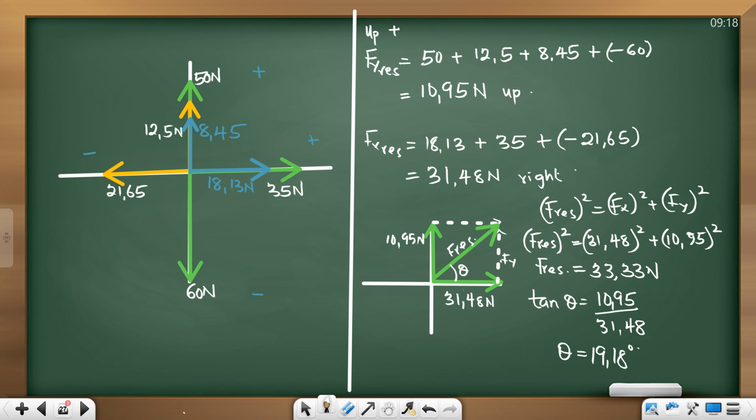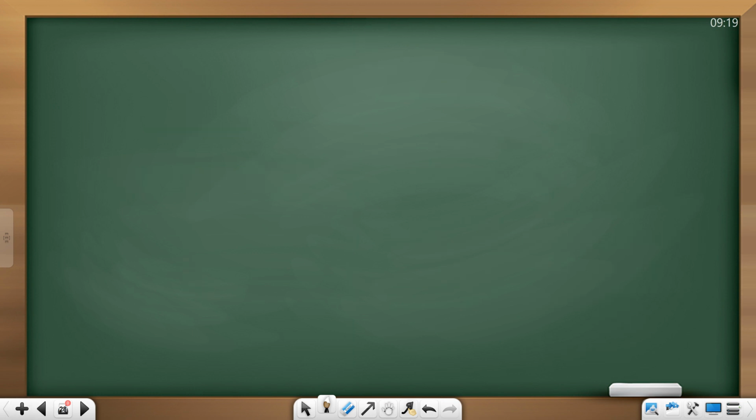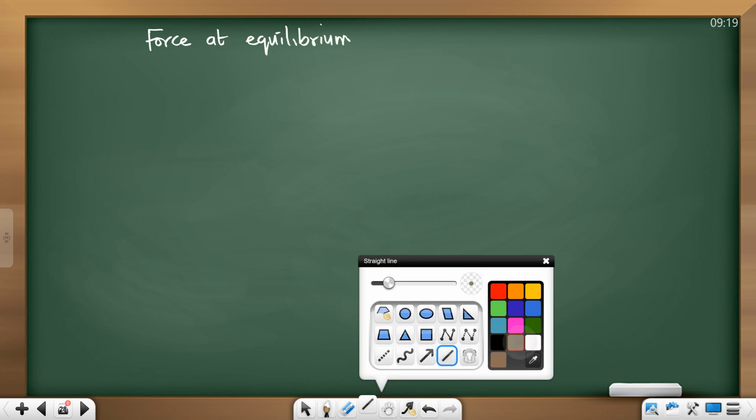Beautiful. Now, we are going to talk about something very important here. Forces at equilibrium. So it's a continuation.